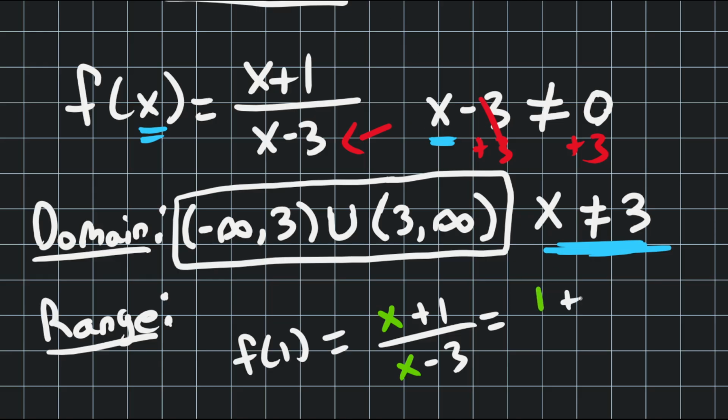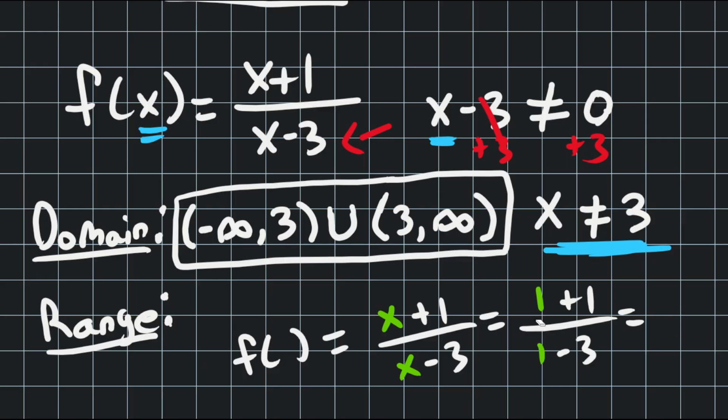So f of 1 is 1 plus 1 over 1 minus 3. What's 1 plus 1? That's 2. What's 1 minus 3? That is negative 2. 2 over negative 2 is negative 1. Okay, so we know our range can include negative 1. Cool, so that's f of 1.